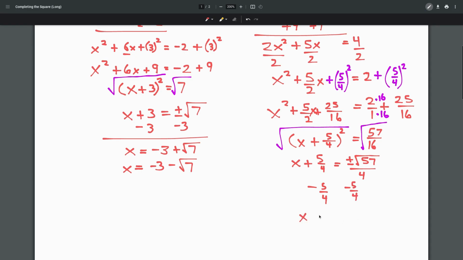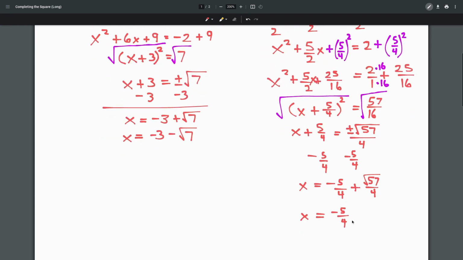And we get our two solutions, x equals negative 5/4 plus the square root of 57 over 4, which we can just write all of this over 4 if we want. So we could have negative 5 plus the square root of 57 over 4. And we also get x equals negative 5 over 4 minus the square root of 57 over 4. Okay, so we're done with number 2.